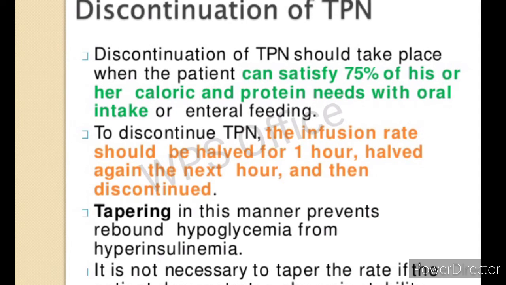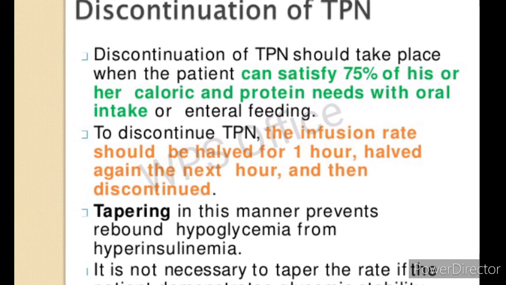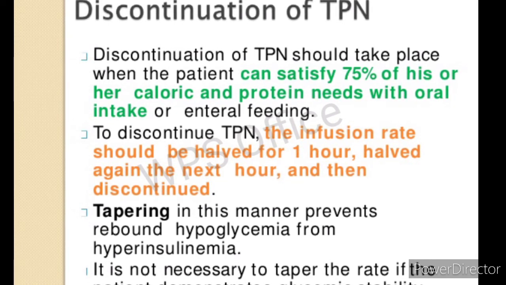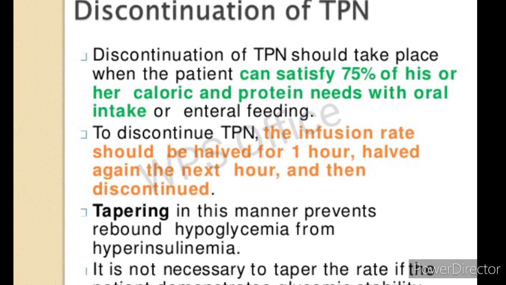To discontinue the TPN, the infusion rate should be halved for 1 hour, halved again for the next hour, then discontinued.